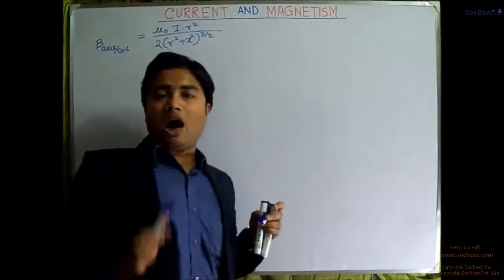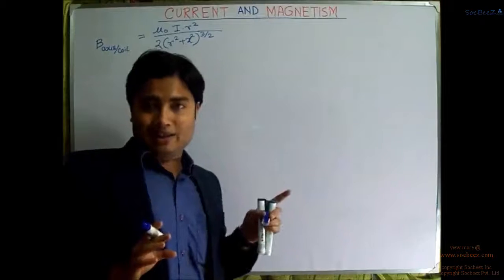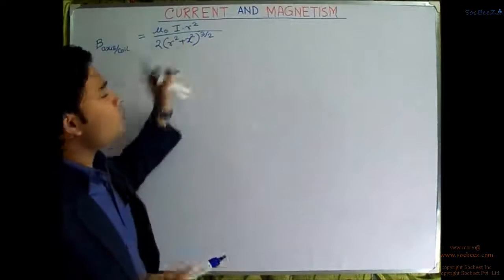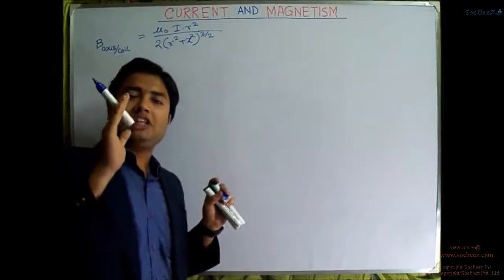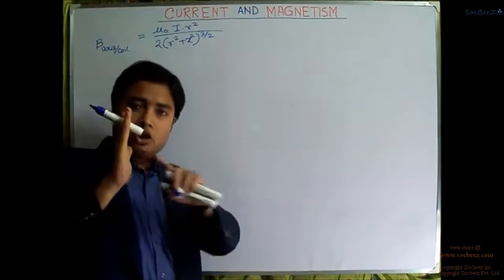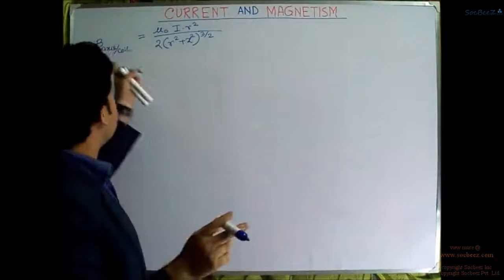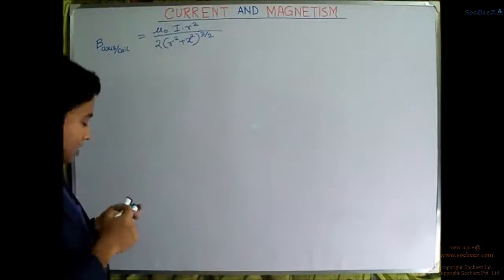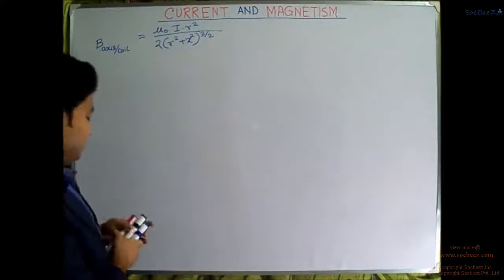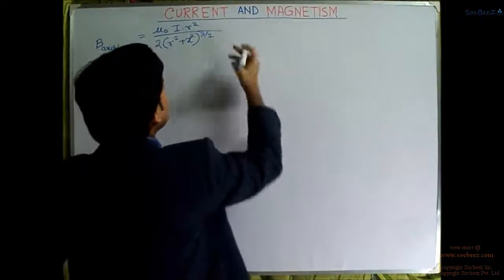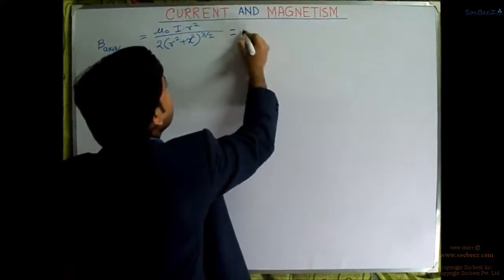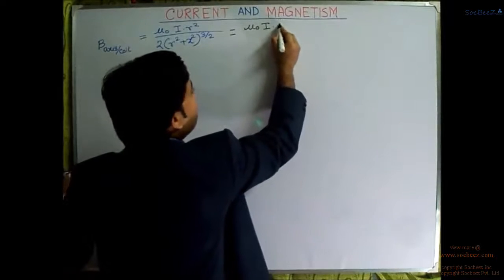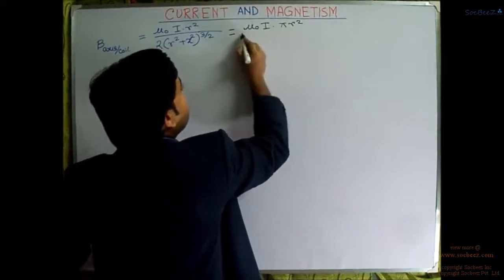Now what was r? R was the radius of the circular coil, and x was the distance from the center of the loop plane to the point where this B is measured. We could modify this equation also as mu naught I multiplied by pi r square.